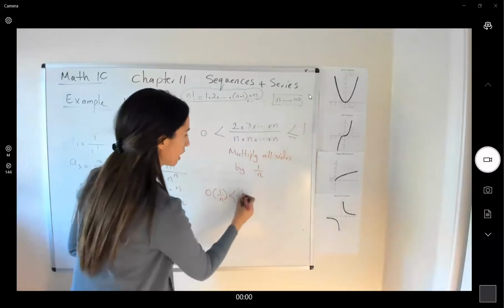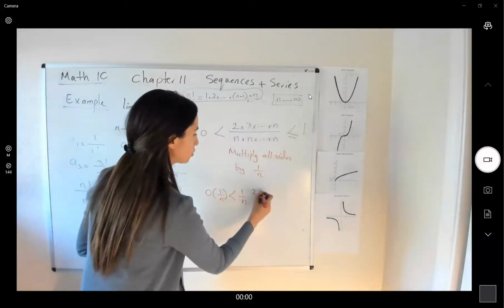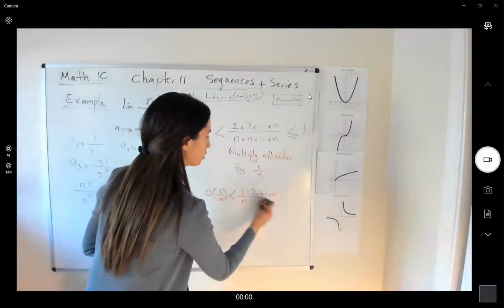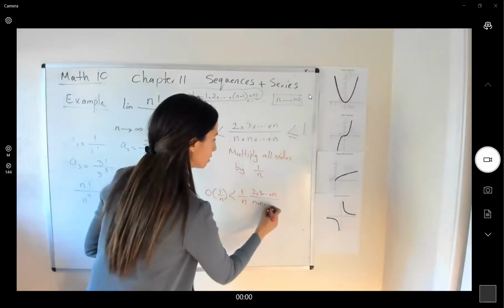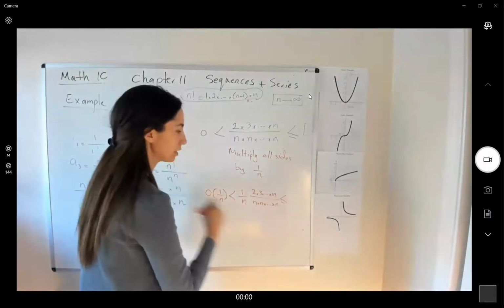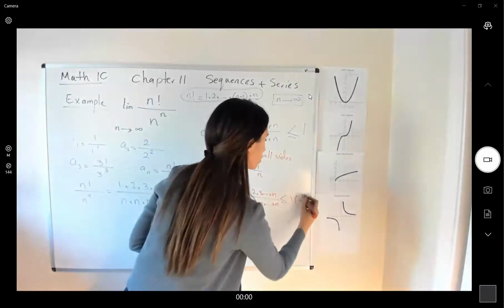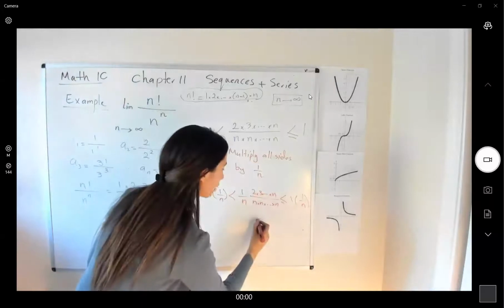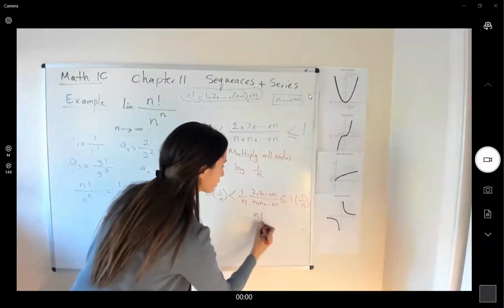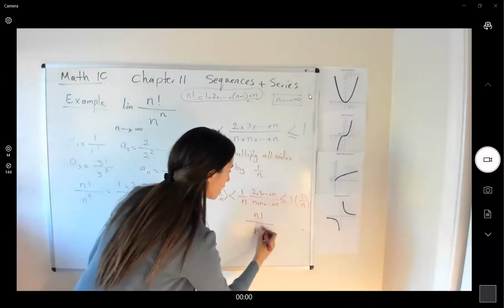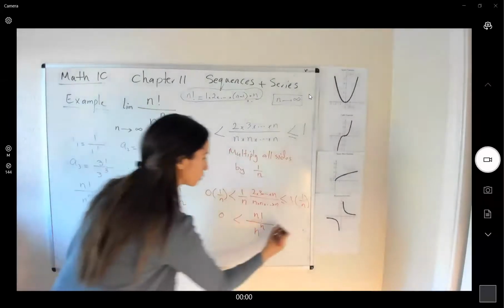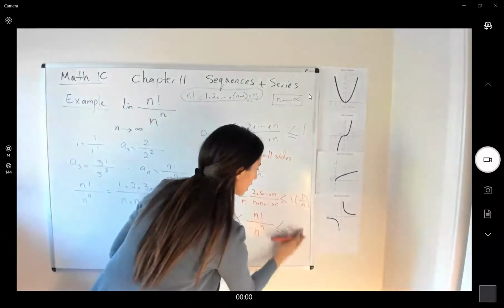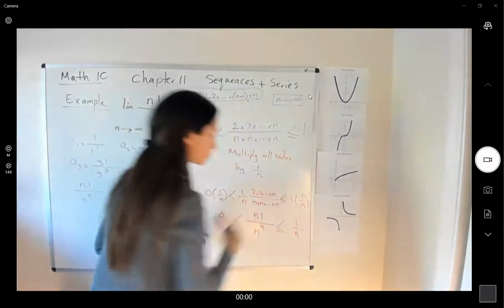In the middle, you have 1 over n times 2 over n times 3 over n up to n over n. Less than or equal to 1 times 1 over n. So in the middle, you actually created n factorial divided by n to the n. On the left side, you have 0. On the right side, you have 1 over n.